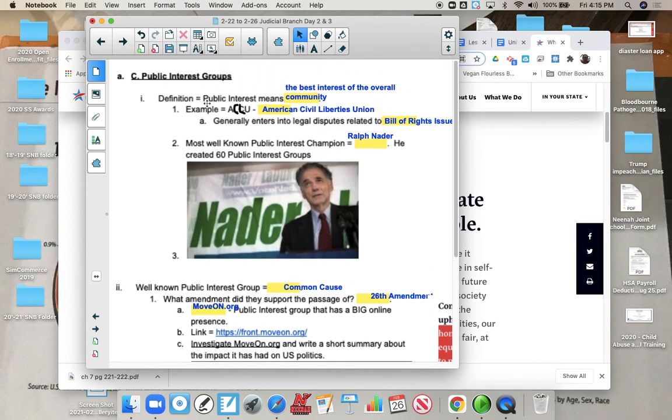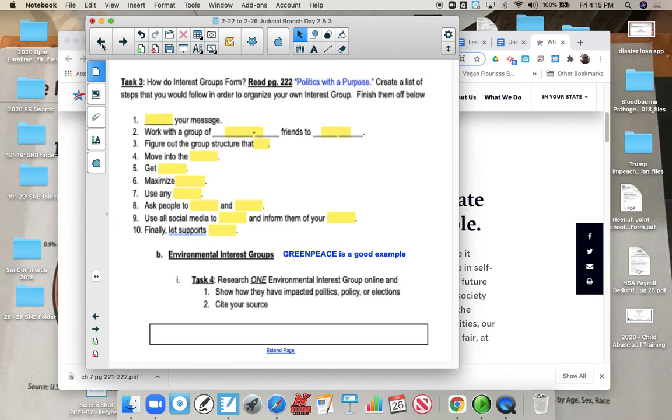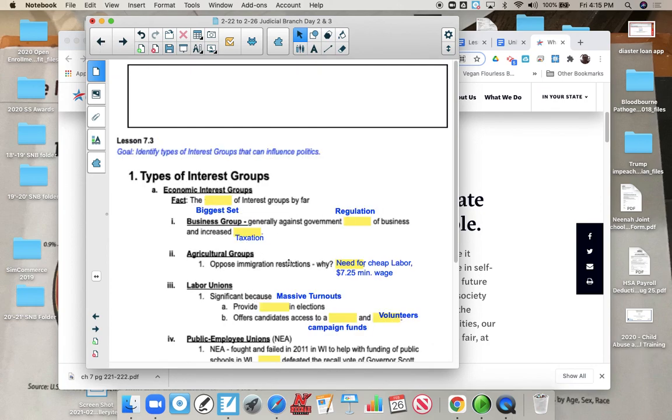The big idea with public interest groups is they work for the betterment of a community, whereas these other ones typically work for specifics that might benefit a large group, like Greenpeace does. But the economic ones are very much more single-group minded. They're working for one specific thing that may not benefit every single person in a population.